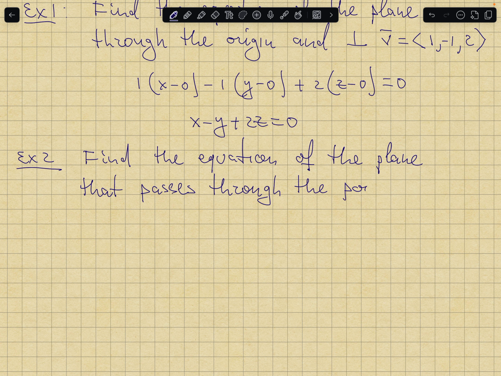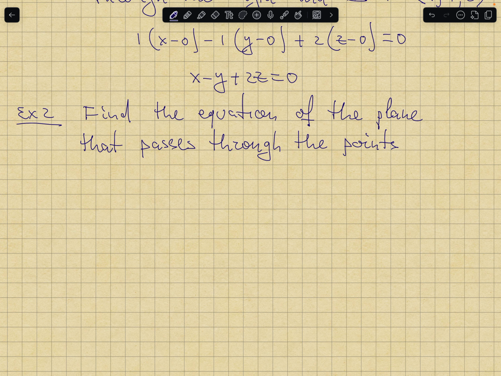So in order for me to specify a plane by using points, as you might recall, I need 3 points. Because to define a line, I would need 2 points. To define a plane I need 3 points. So let's say that the points are P with coordinates 1, 0, 0, Q with coordinates 0, 1, 0, and R with coordinates 0, 0, 1.